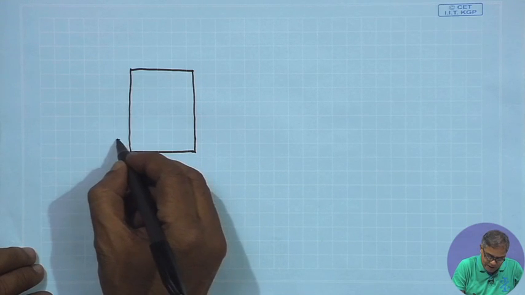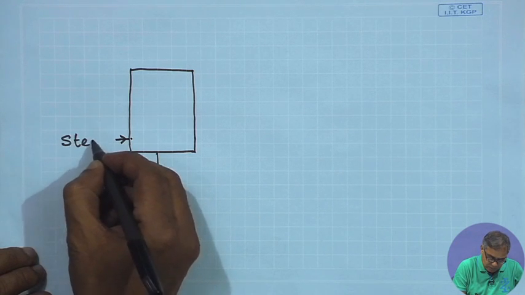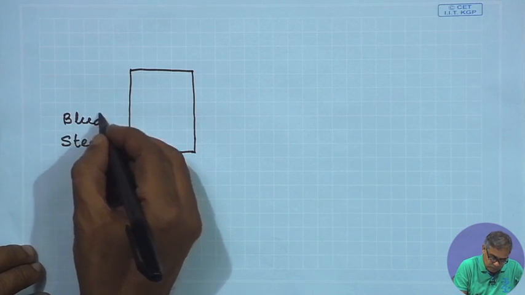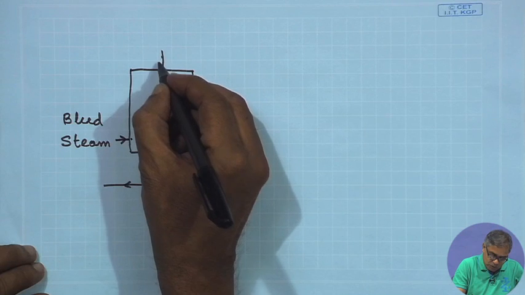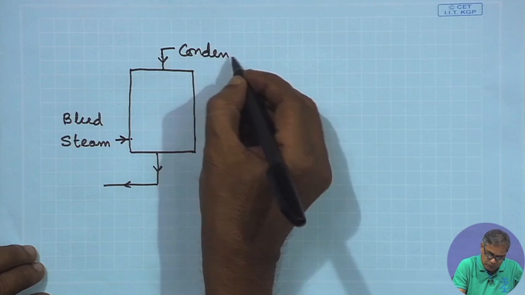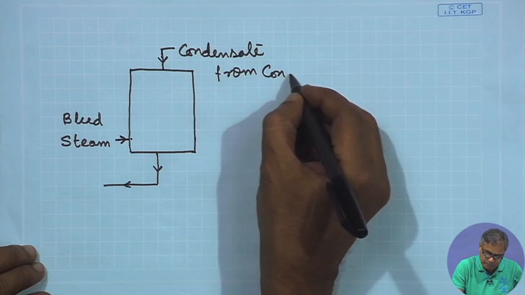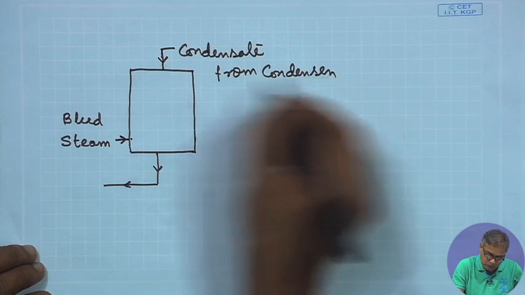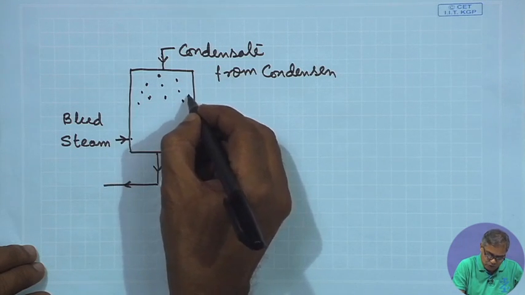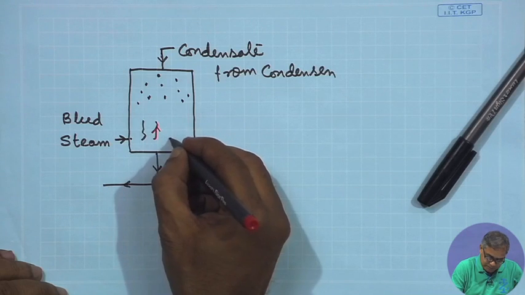Let us say we have steam over here, bleed steam over here, and condensate from the condenser. This will be falling in the form of spray, a very simple arrangement I am showing, and the steam will move in the upward direction.